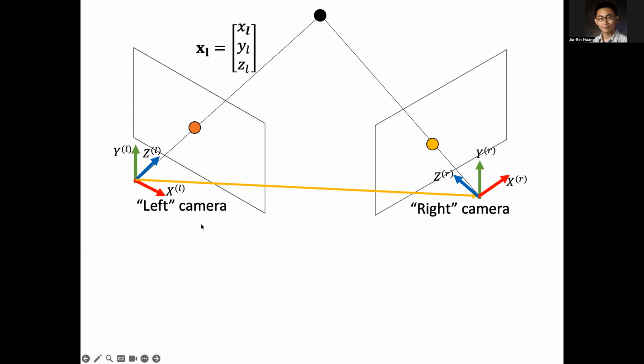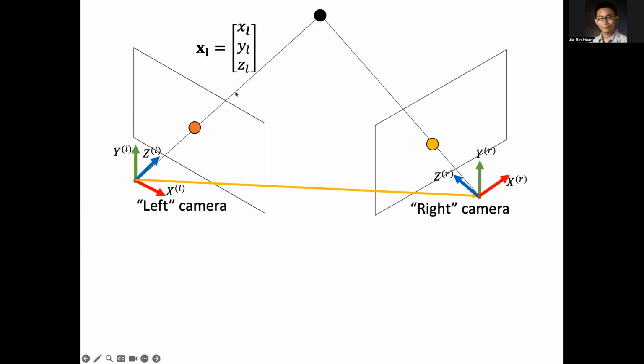I can describe this 3D point as XL, YL, ZL. That is the 3D point position from the eye of the first, left camera. I have a 3D point, and I can describe that 3D point position from the left coordinate system.